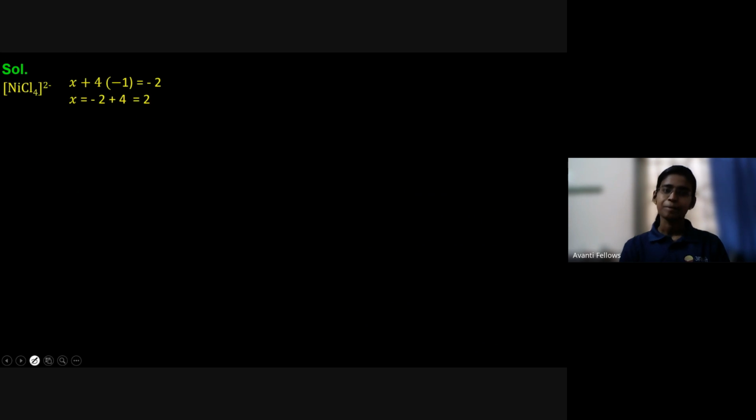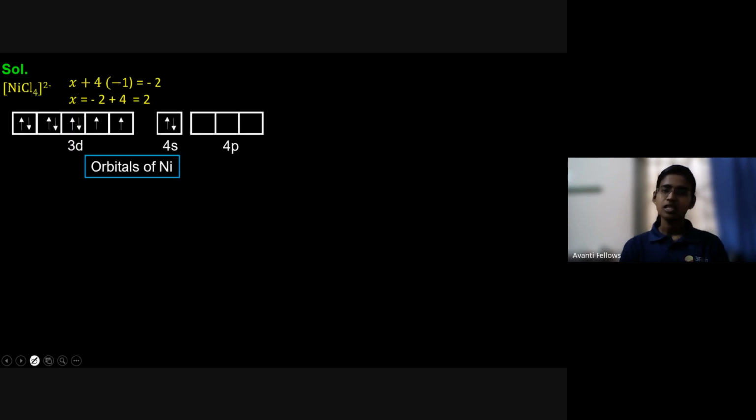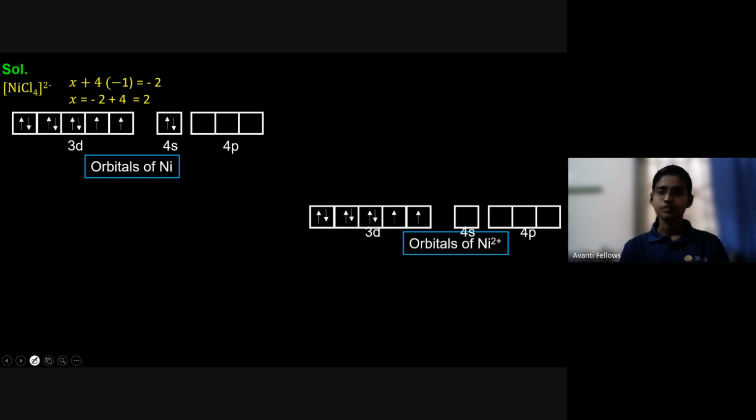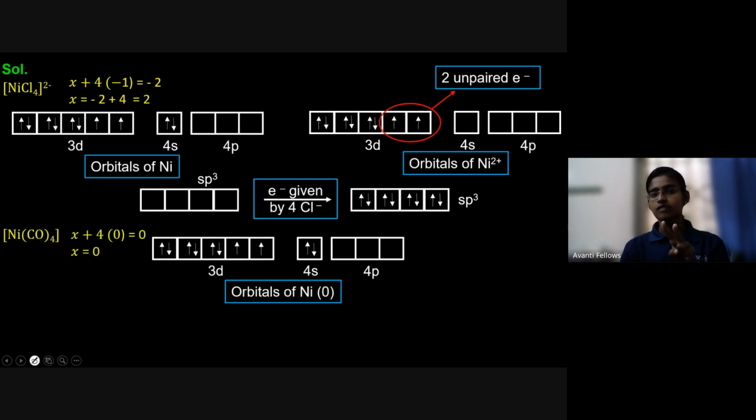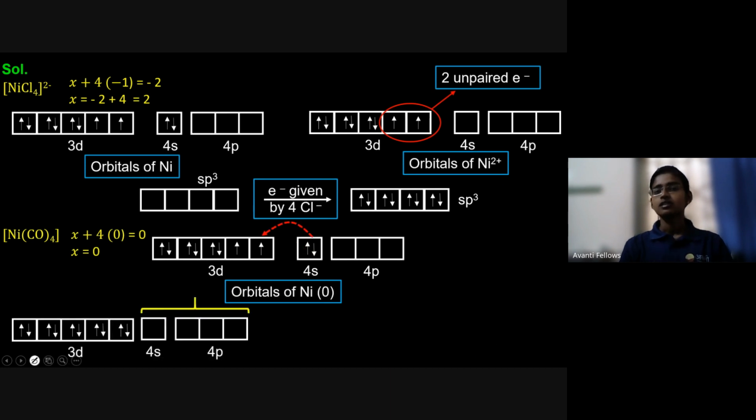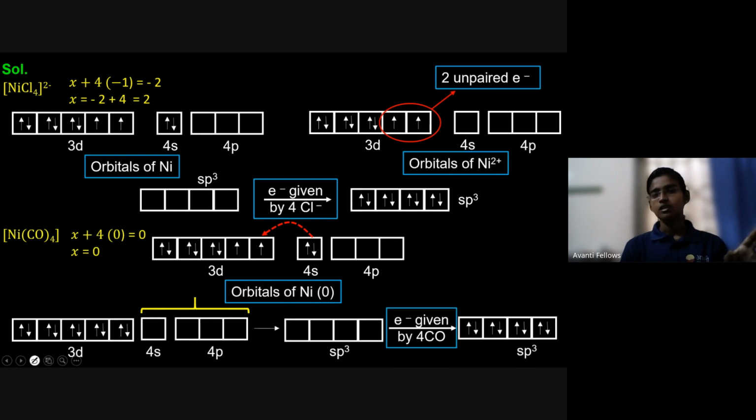Yes. The oxidation state for the first complex is +2. Yes, NiCl4 is very good. For nickel 2+, sp3 hybridization with 2 unpaired electrons, whereas in nickel carbonyl, the electrons are getting paired up, s electrons are going to d orbitals, so there are no unpaired electrons there. 0 unpaired electrons. That's why it is diamagnetic in nature.